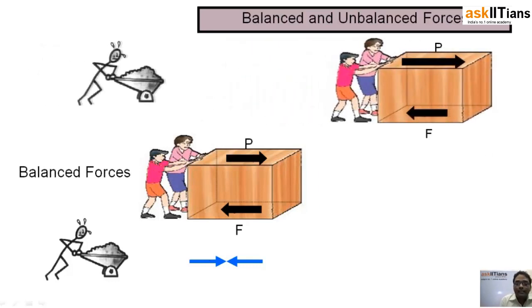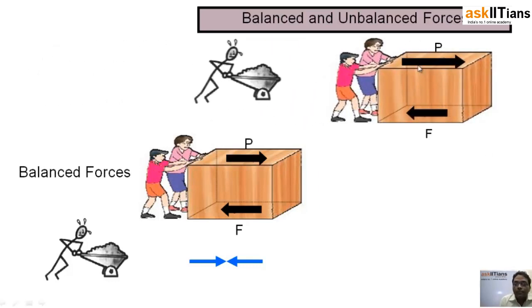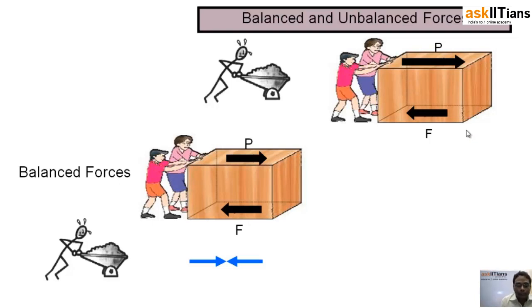Whereas in this case, if the force acted upon by the person is more than the force of friction, that results in a net motion of the object. This is what is known as an unbalanced force. So we have differentiated between a balanced force and an unbalanced force.